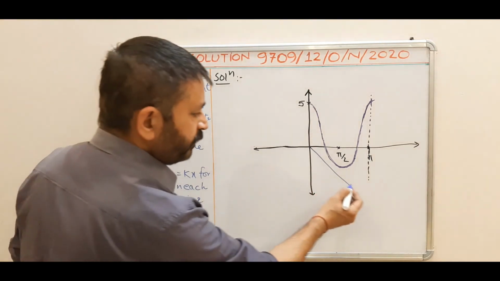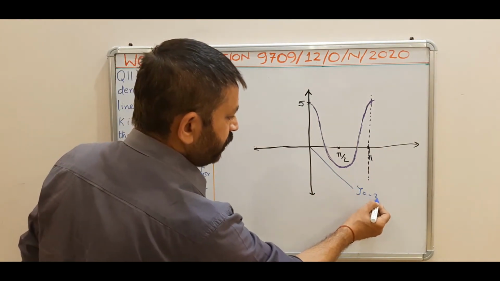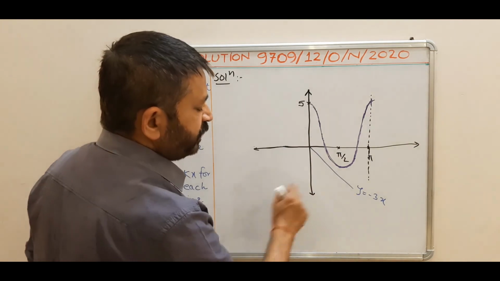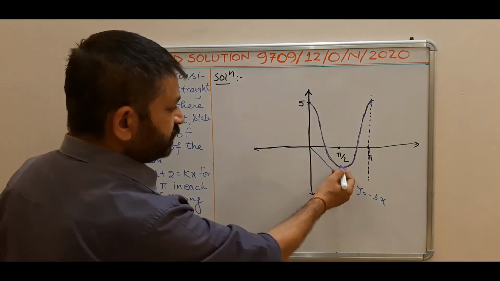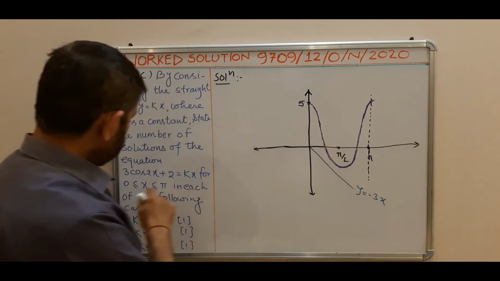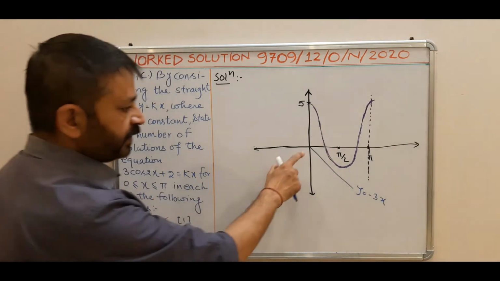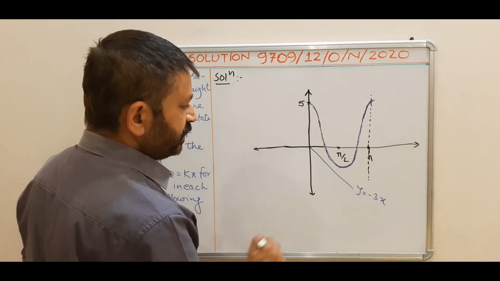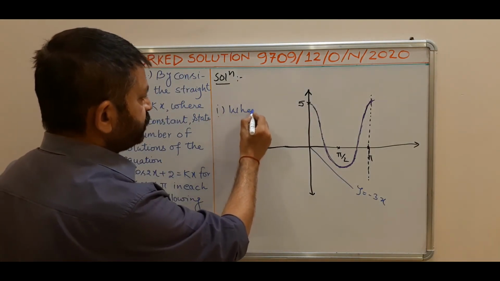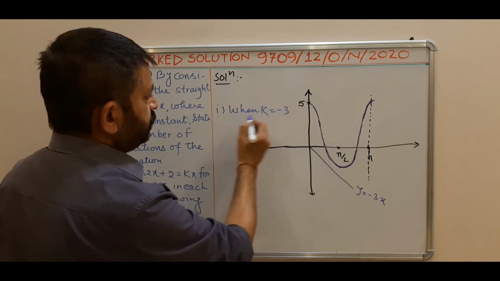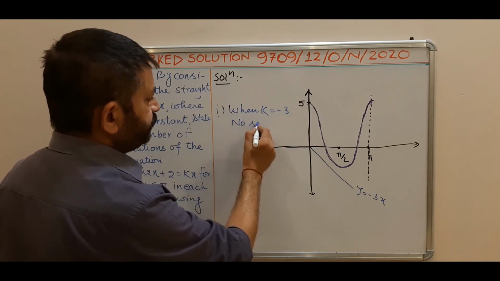So graph of y is equals to minus 3x will be of this form. And if you look at the graph carefully, there is no intersection between this graph 3 cos 2x plus 2 and the line y is equals to minus 3x. So in first case, that is when k is equals to minus 3, there will be no solution.